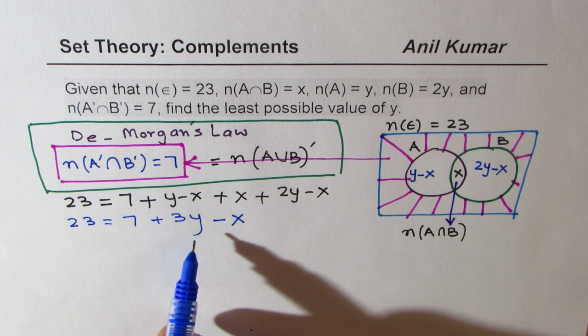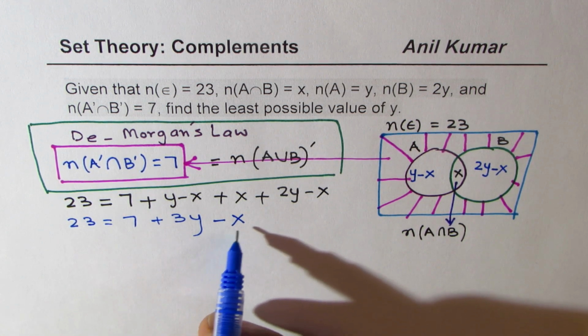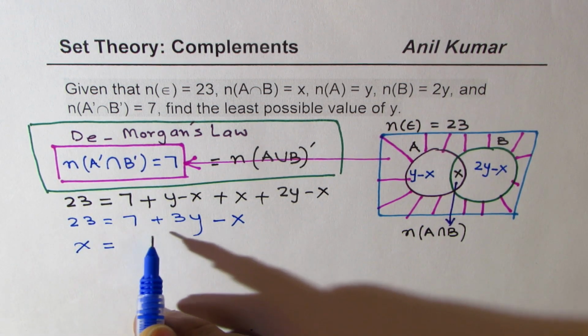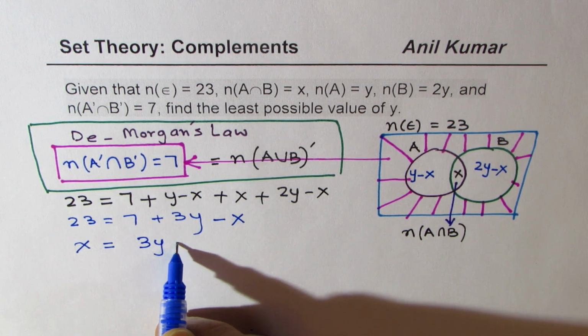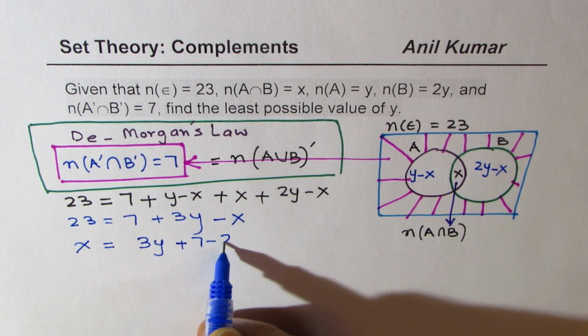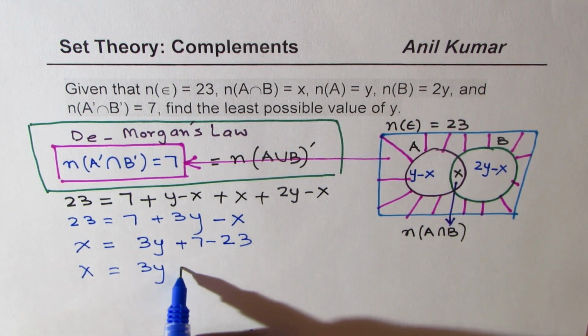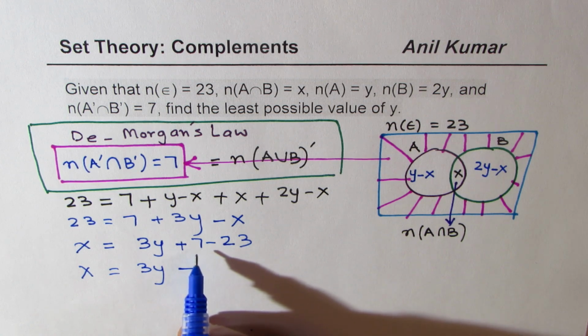So what we will get here is X equals 3Y plus 7 minus 23.